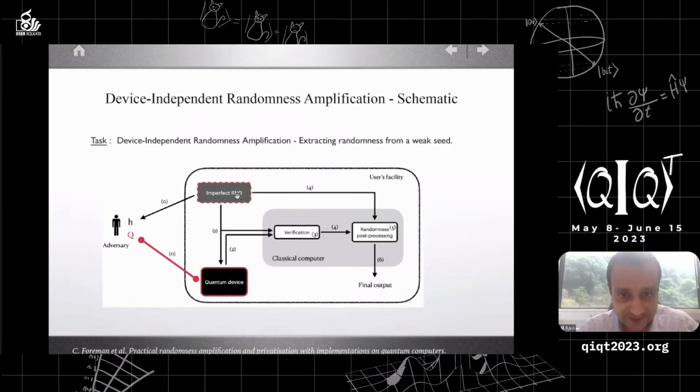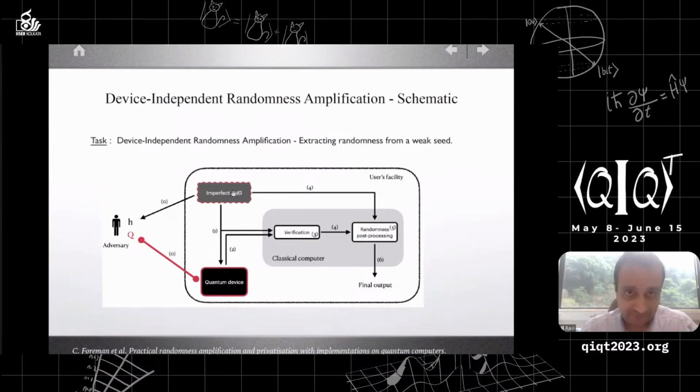They use these bits from the RNG as inputs into a quantum device. They do not know the internal workings of the device. They treat the device as a black box. The device itself may have been prepared by the adversary, and the adversary may even have some quantum side information about the device, which means she may have some entangled systems that are correlated with the state of the device.